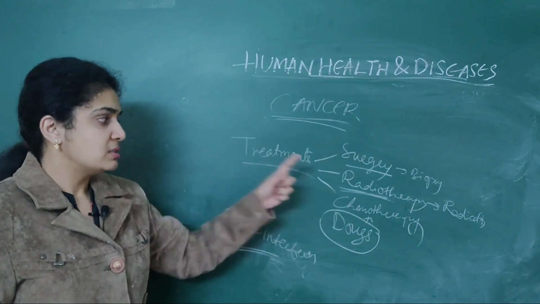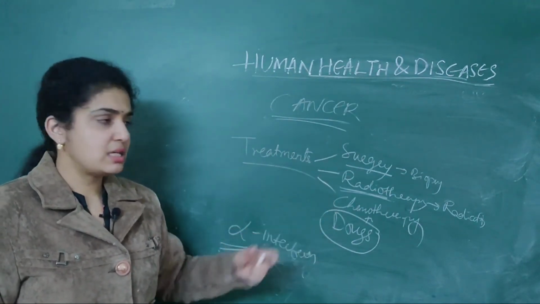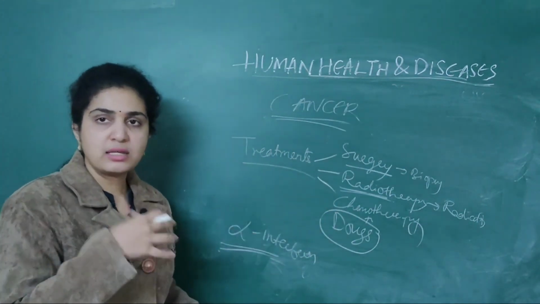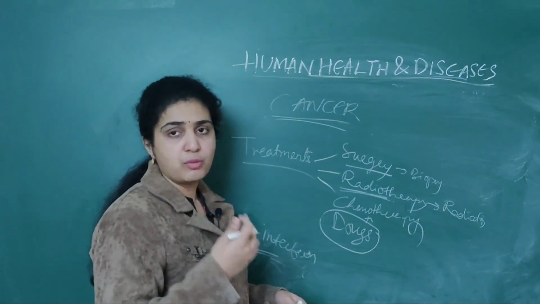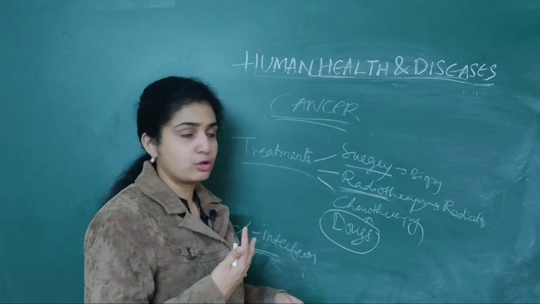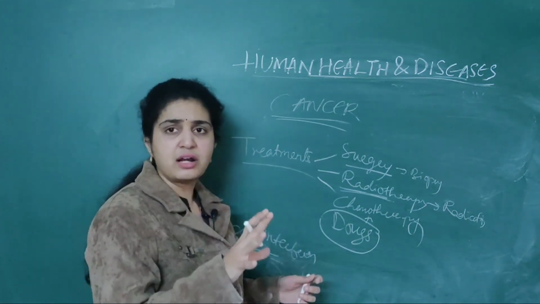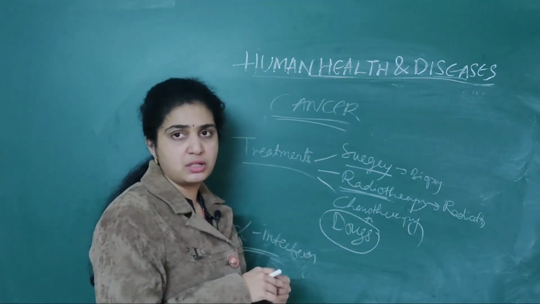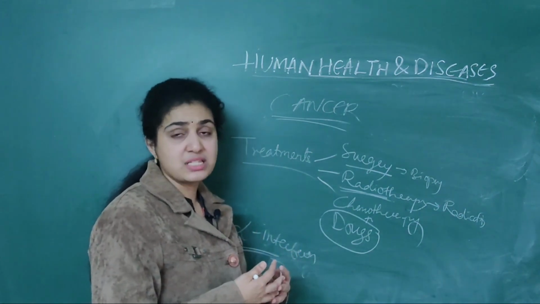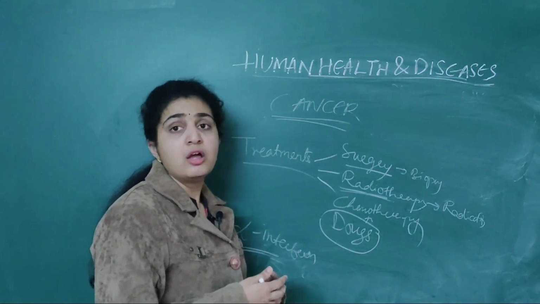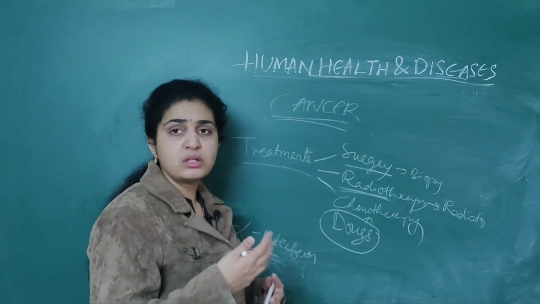So the three procedures followed for the treatment of cancer are surgery, radiotherapy and chemotherapy. Surgery: small cases get a biopsy, large cases get heavy surgery removing the total tissue. Radiotherapy: severe radiation is given to the patient. Chemotherapy: numerous chemotherapeutic drugs like immunosuppressants are used to cure the person.